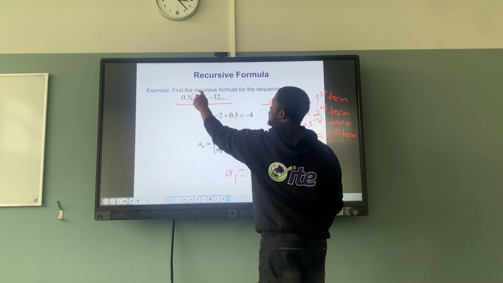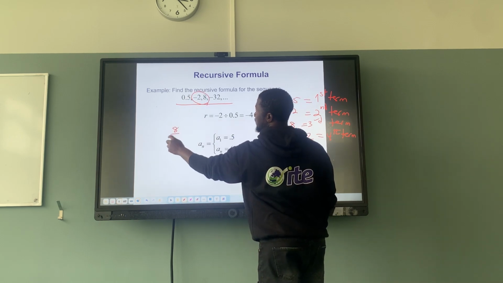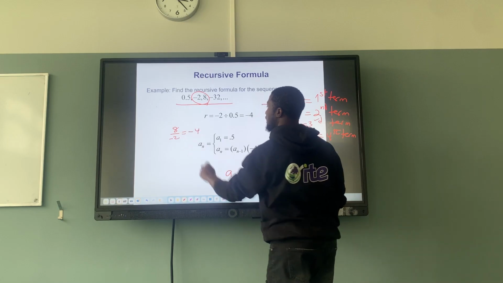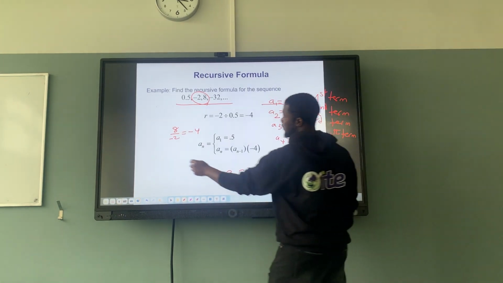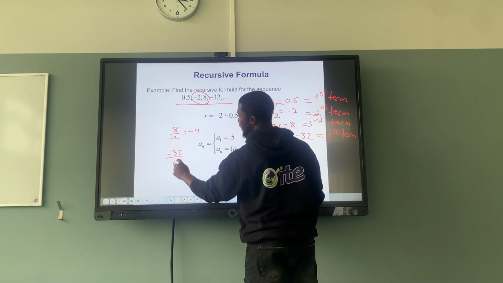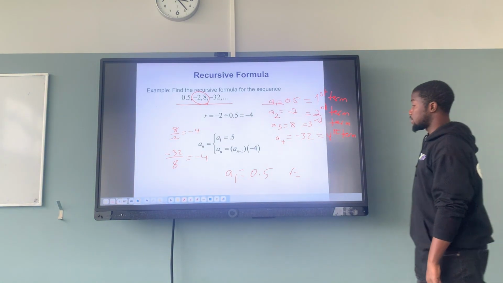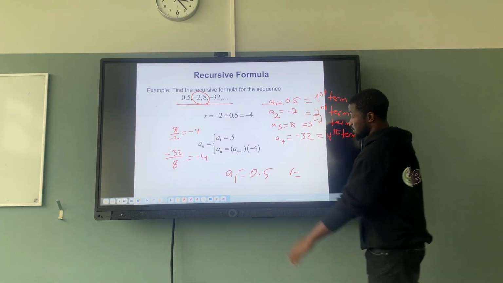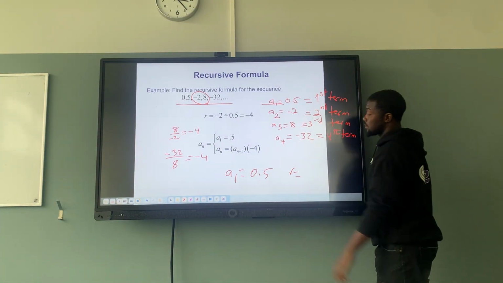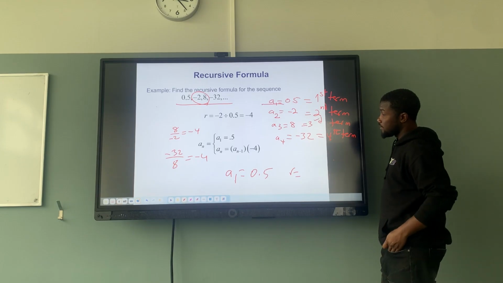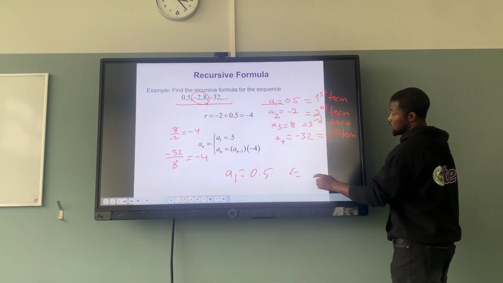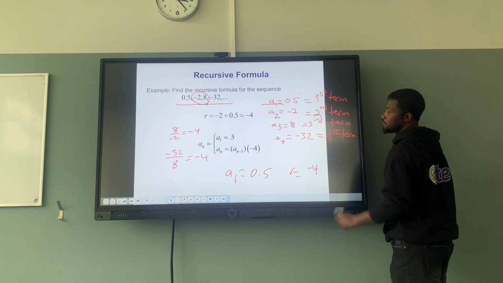Or I can take the whole numbers, 8 divided by minus 2, which is minus 4. Or minus 32 divided by 8, which is still minus 4. That will still give you the same answer. So a1, the first term, is 0.5, and the common ratio is minus 4.